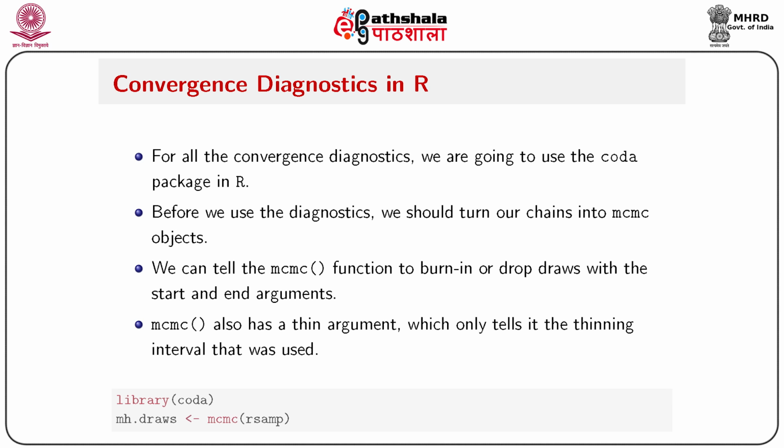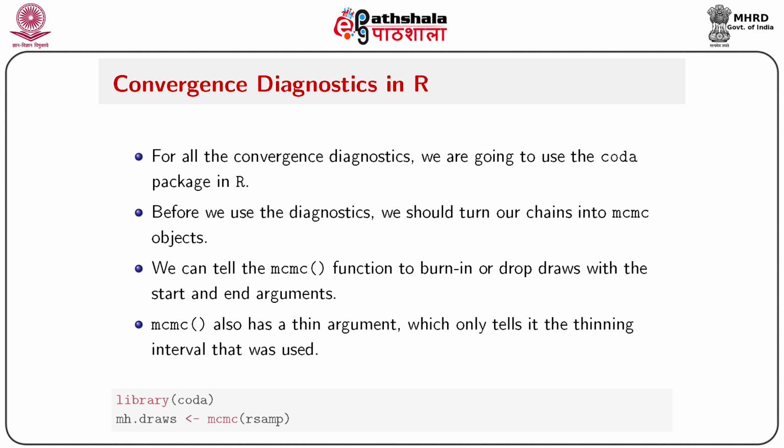We can tell the MCMC function to burn in and thin the draws with the start and end arguments. MCMC also has a thin argument which only tells it the thinning interval that was used.